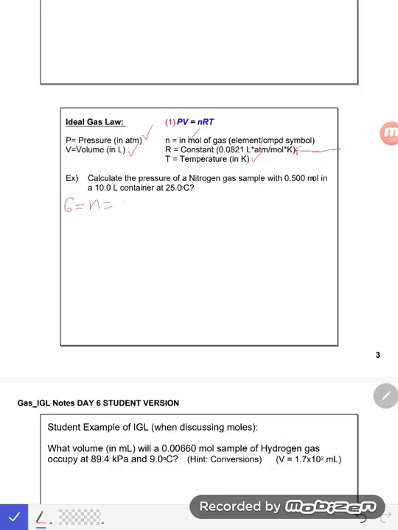We've got 0.500 moles, and we have a volume of 10.0 liters. We've got a temperature of 25.0 degrees C. Again, it has to be in Kelvin.